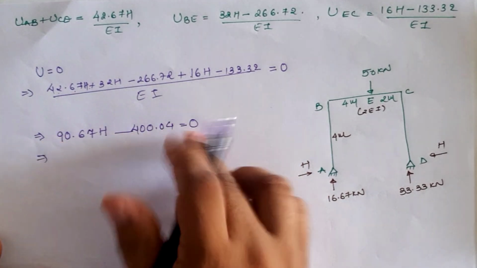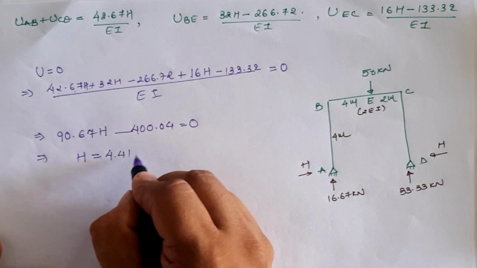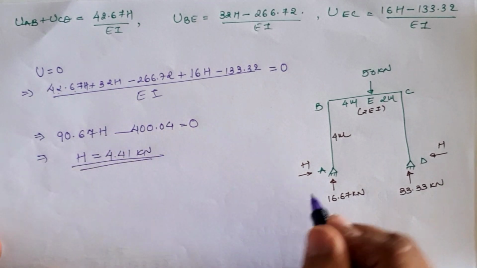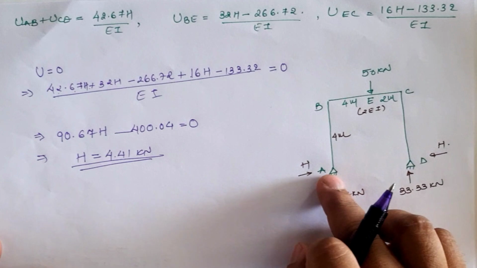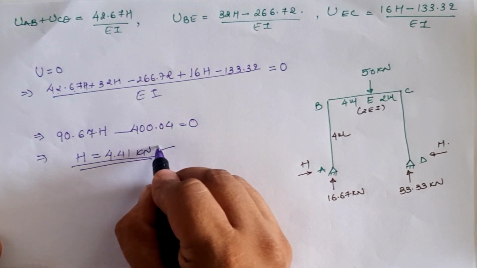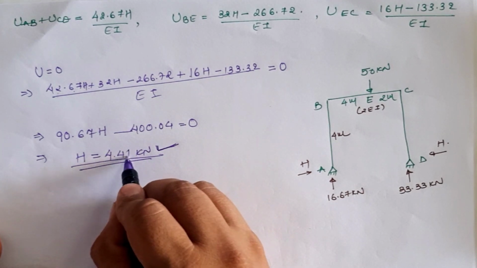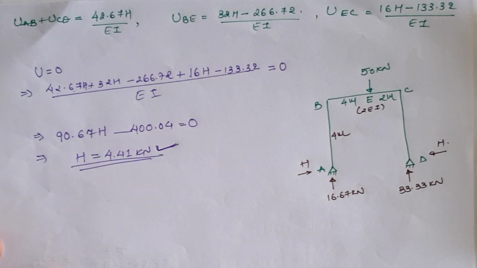Solving this mathematical term, we have capital H as 4.41 kilonewton. It means our redundant reaction at locations A and D in the horizontal direction is 4.41 kilonewton, as we have calculated.